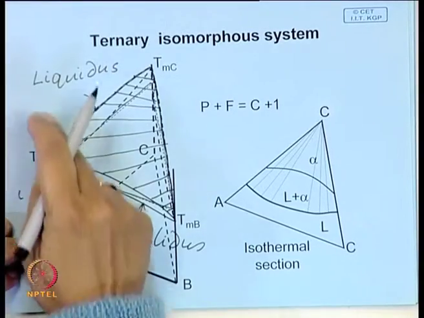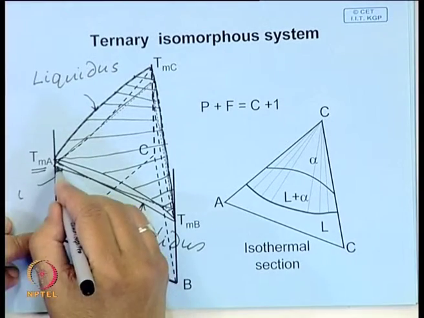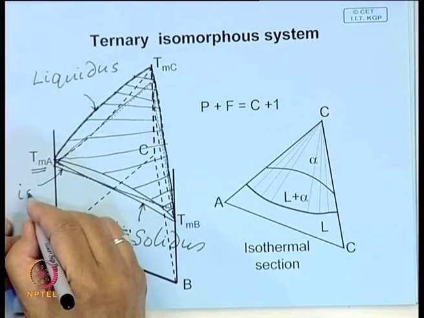This vertical axis represents temperature, this is the melting point of A, and this is an isotherm.